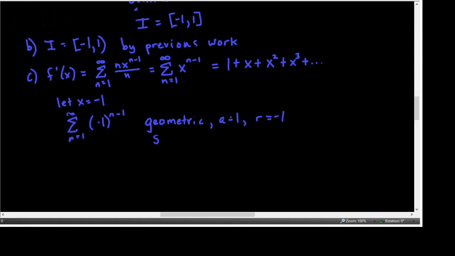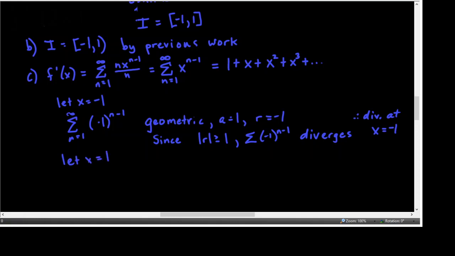And since the absolute value of that r is greater than or equal to 1, this series diverges. Of course, that's by the geometric series test, but since I already said geometric, that's covered. Okay, so that means it diverges at x equals -1. So -1 will not be included in our interval.